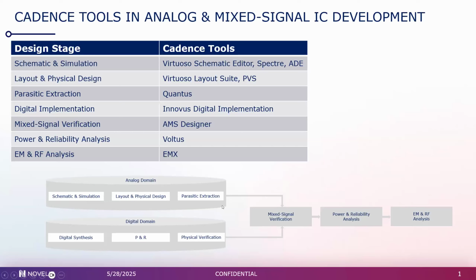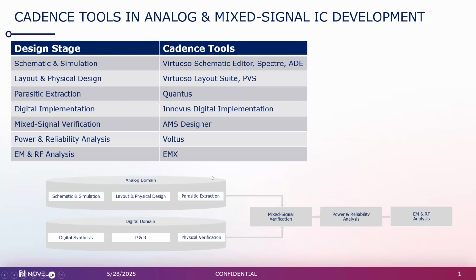It includes the parasitic extraction. And we have the second part, that is the digital domain. Here we have digital synthesis, we have place and route, and we have physical verification. And all these three things are basically integrated in the Innovus design implementation or the Virtuoso digital implementation.